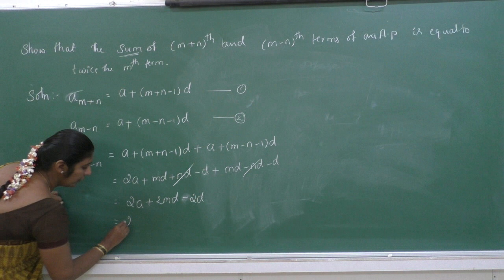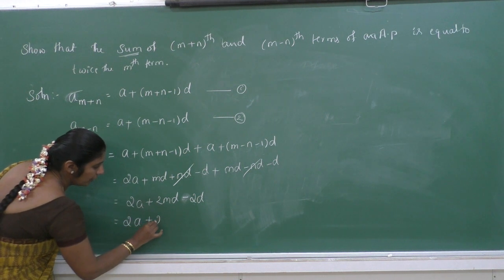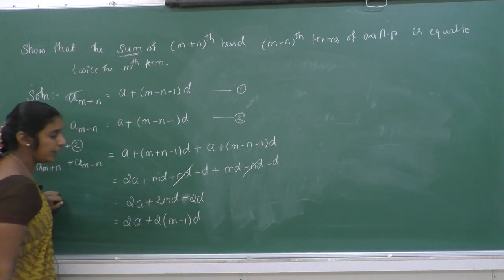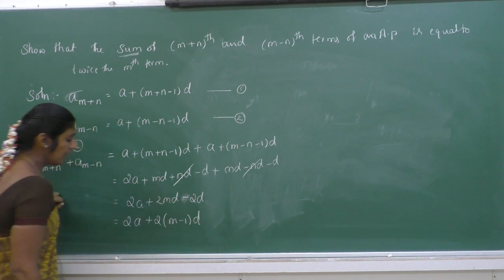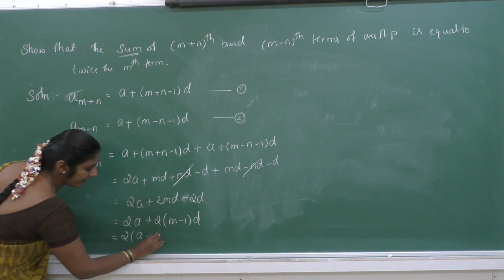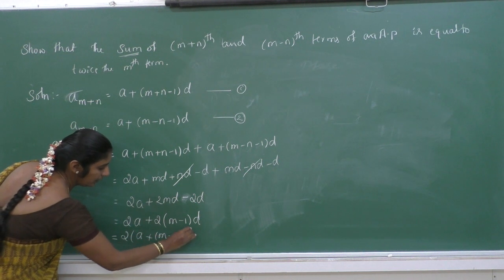So, we get 2a plus 2 common ತೆಗೆದ್ರೆ m minus 1 into d. d nu common ತೆಗೆದಿದ್ದೀನಿ, right? So, if you take out 2 as common factor, a plus m minus 1 into d.